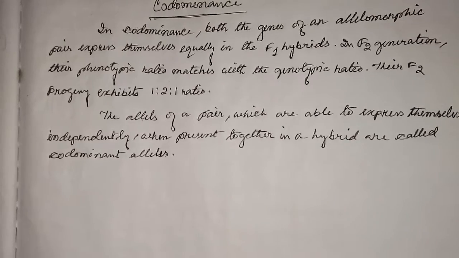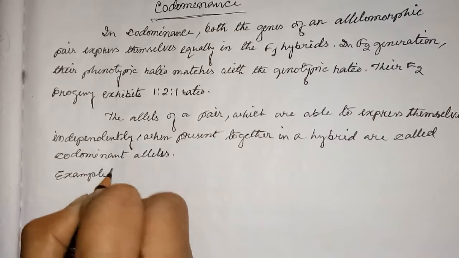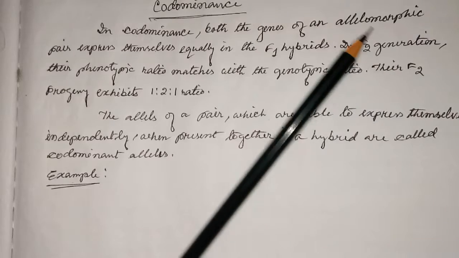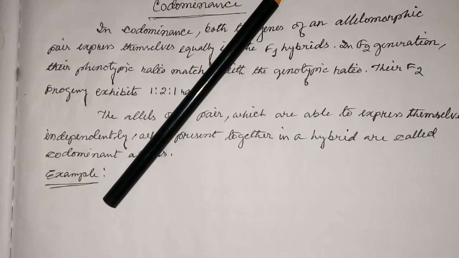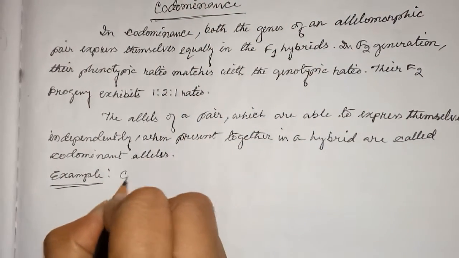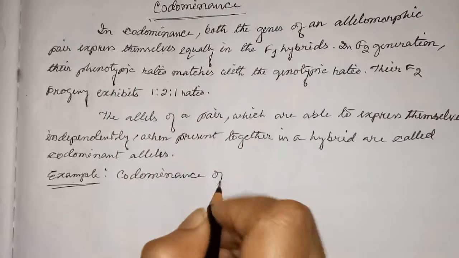Now, example. I am going to show you codominance by an example. Codominance of blood group.